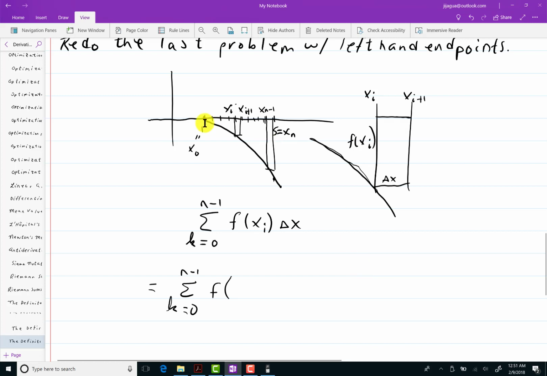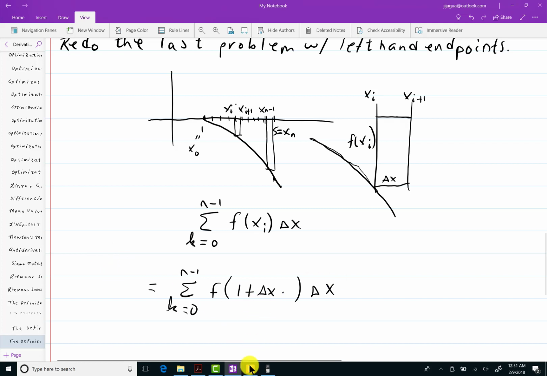Well, x0 is 1, x1 is 1 plus delta x. So let's see if this works for us. 1 plus delta x times i times delta x. Remember, doing k's. I'm going to try to do better this time. See, that's why I like to start this at 0.